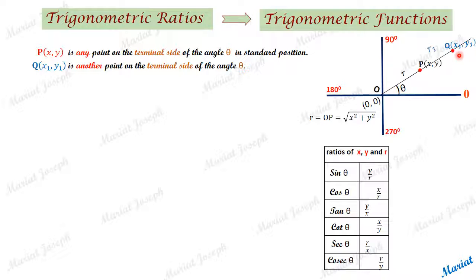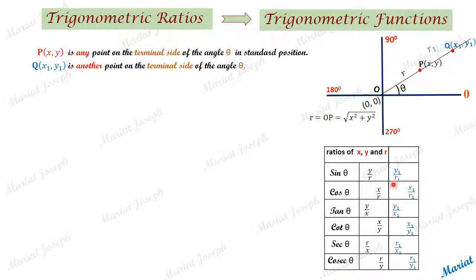Then, using these three numbers, if we write the same six ratios, how will they look like? They will look like this. y1 by r1, x1 by r1, y1 by x1, x1 by y1, r1 by x1 and r1 by y1.